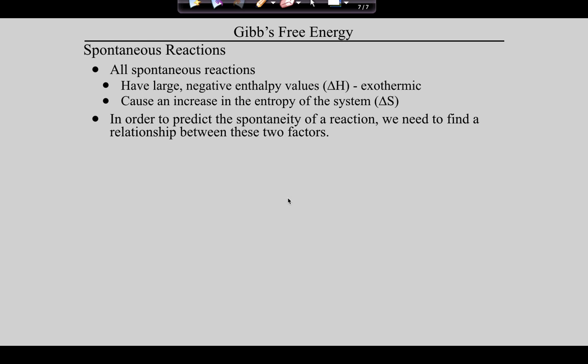And guys, the way these come together is in a form that we call Gibbs free energy. You will also hear this termed free energy. Either is fine. If you're interested, this is a thermodynamic thing that this guy named Gibbs came up with when he was working on inventing more efficient steam engines.